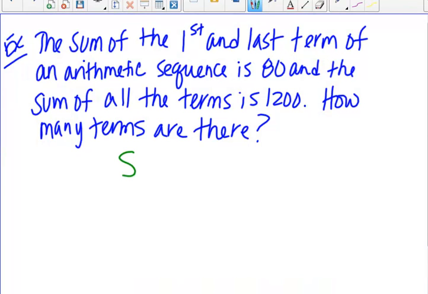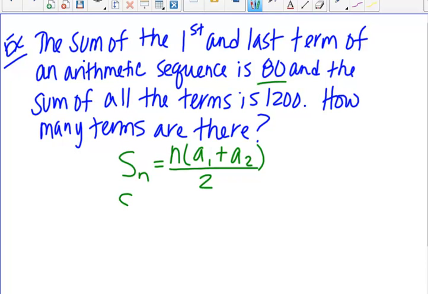So we are told that S sub n is equal to n times a sub 1 plus a sub n all over 2. And let's just see if there's some information that we could plug in. So the sum of the first and last term of an arithmetic sequence is 80. The sum of all the terms, I take that back.